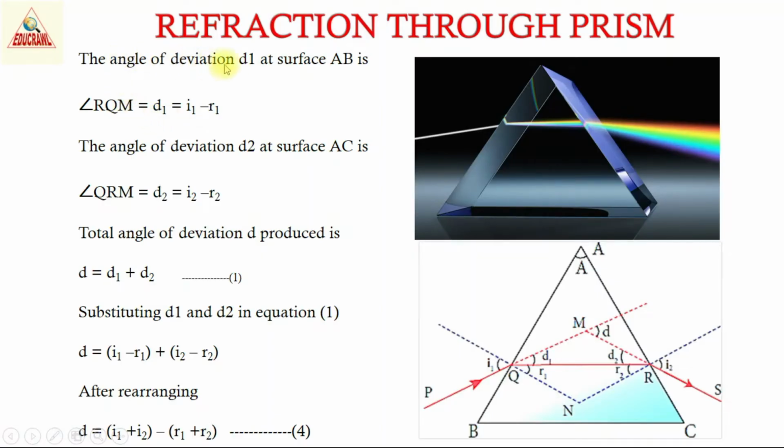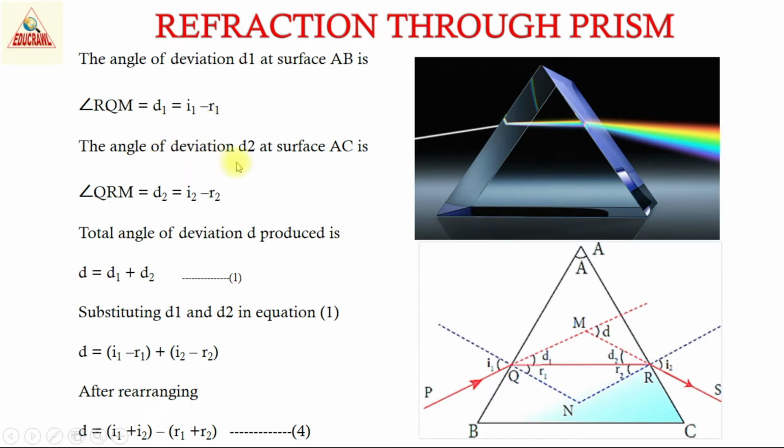Now the angle of deviation D1 at the surface AB is RQM, which is equal to D1, which is equal to I1 minus R1. Already under the topic refraction we have seen how to find the angle of deviation. Using that formula, we find D1 is equal to I1 minus R1.